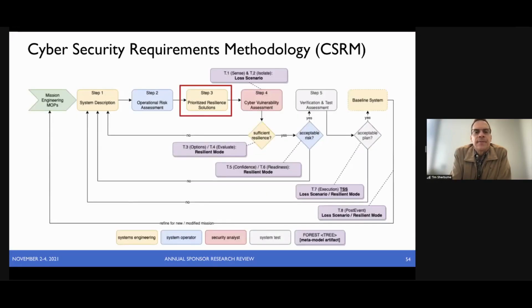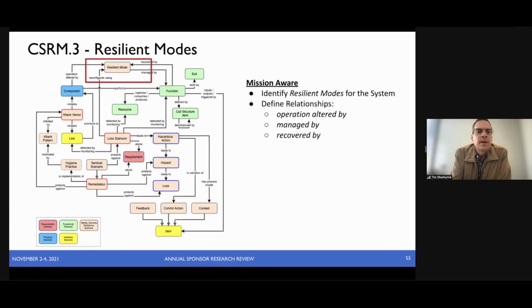So the next step here is the potential resilience solutions. The artifact there is this resilient mode, and how the resilient mode is related to alternate operations for components in the system, system functions that could be recovered by a particular resilient mode.